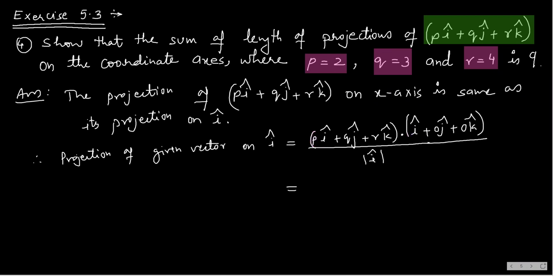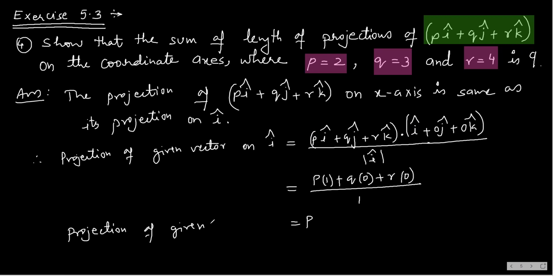So finally what I will get here is p into 1 plus q into 0 plus r into 0, and mod of I cap, you know, is 1. So finally I get p. So what am I getting? I am getting the projection of the given vector on I cap is p, which is equal to 2. This is 1.